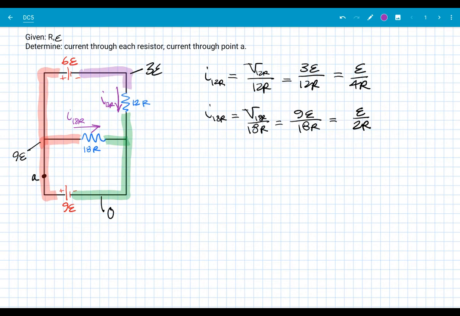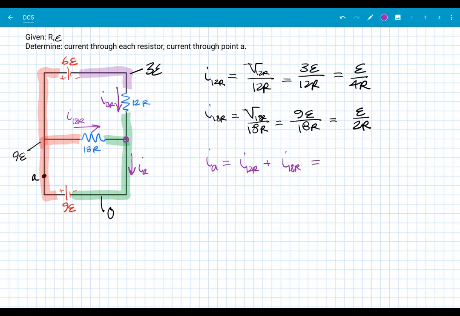So think about it. If I have current entering this junction right there, and it's entering from left to right through the 18R resistor, and from the top down through the 12R resistor, conservation of current says that current's going to have to go this way, right? So I'll call this I sub A. Those two are flowing into I sub A, so I sub A is just going to be the sum of those two.